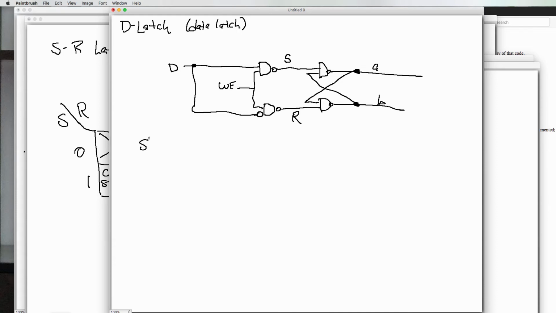Suppose D is equal to 1 and WE is equal to 0. Now, if D is equal to 1 and WE is equal to 0, I have a 1 and a 0 going in here. And if I have a 1 and a 0 going into a NAND gate, what's coming out of here? 1 and 0 would be 0, so NAND would be a 1.